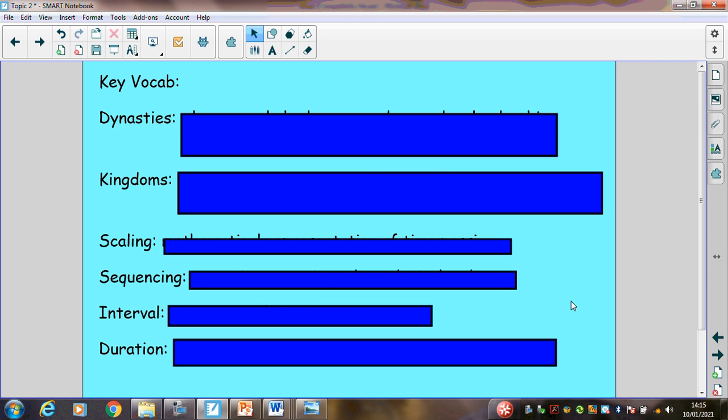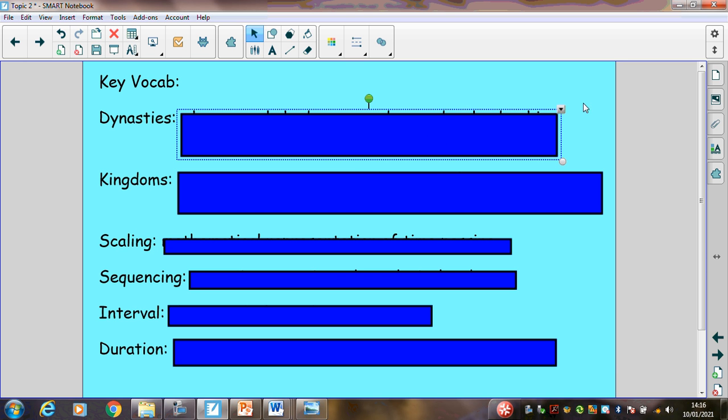The ones that you're really going to need to write down are dynasties and kingdoms. The rest, I think you would understand once you've read them. Maybe interval and duration might be something that you're not used to. But any words that you haven't come across before, write them down along with the definitions, because we could be using them again later on in our topic. It might be really useful for you to have them so you can recall what they mean.